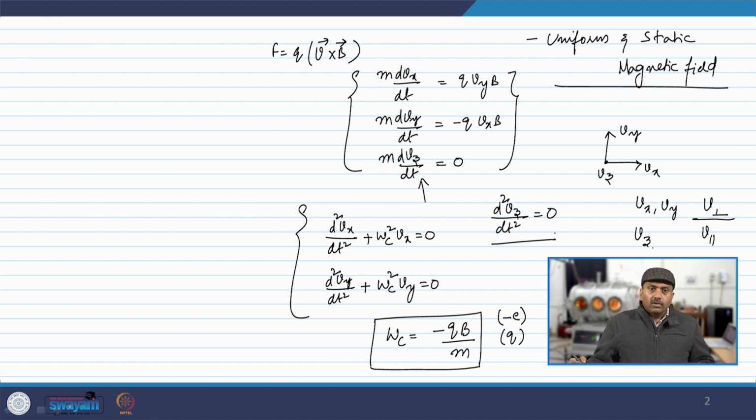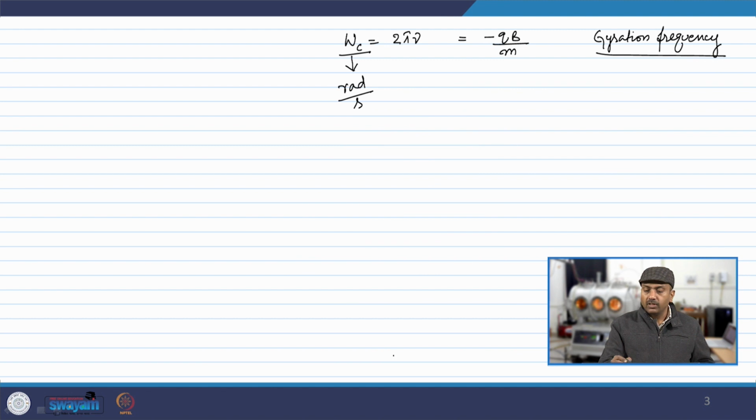Now, what is this frequency? Frequency tells you how many rotations the particle does per unit time, right. Now, if it is rotating circularly, we have this omega c, which can be positive or negative, right.